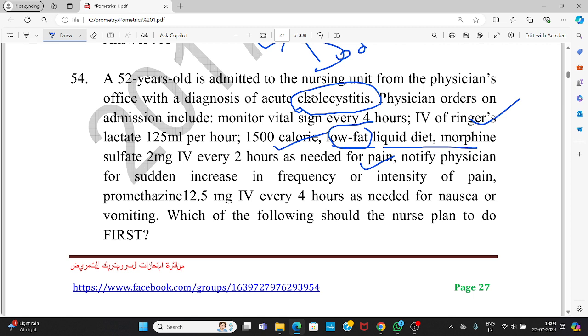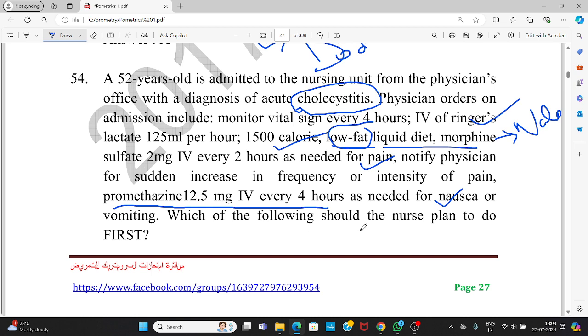For cholecystitis patients, the pain will be very severe, so morphine is the given medicine. What is the antidote for morphine, which causes respiratory depression? Naloxone. Promethazine 12.5 mg IV is given for nausea or vomiting.